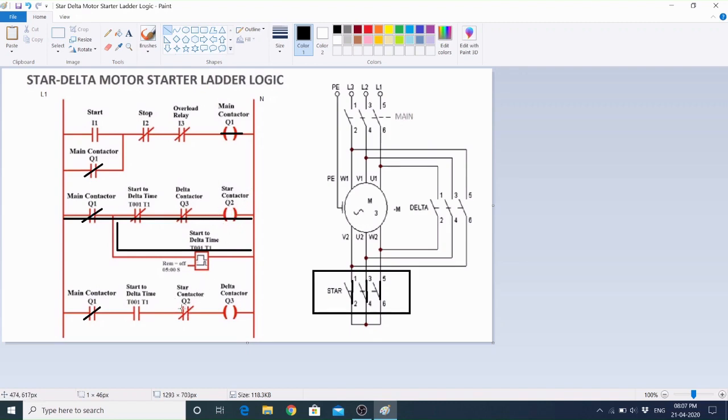As it is by default normally closed type, NC type, when the start contactor is energized this will be de-energized. I am marking this in the opposite direction, so this contact will be open type. So power will not be able to flow to the delta contactor.